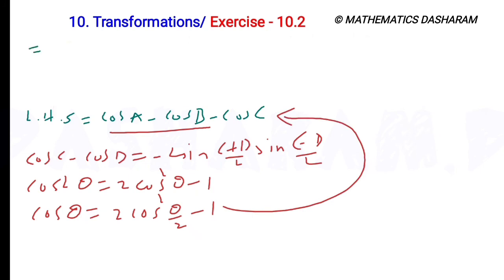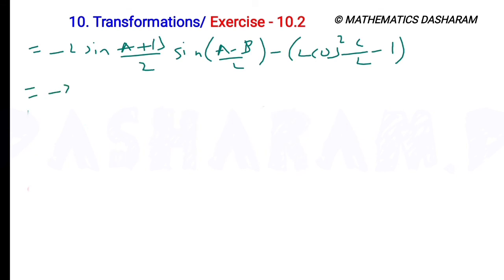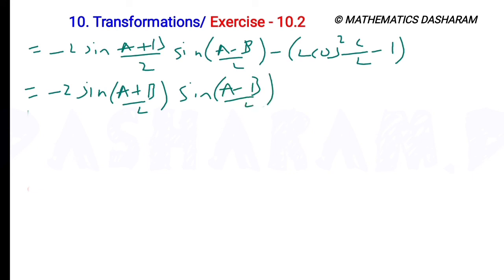So it is equal to minus 2 sin (A plus B)/2 into sin (A minus B)/2. So minus, here take the bracket, 2 cos square C/2 minus 1. So it is equal to minus 2 sin (A plus B)/2 into sin (A minus B)/2, remove the bracket, minus 2 cos square C/2 plus 1.